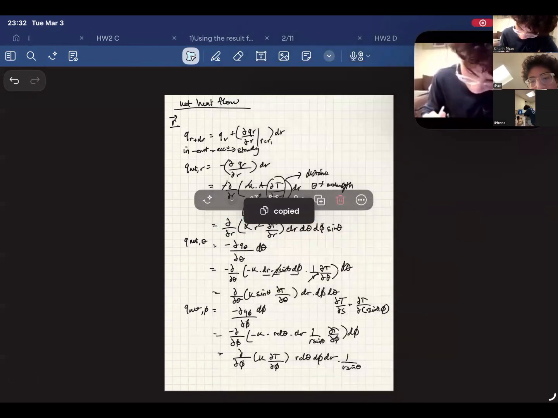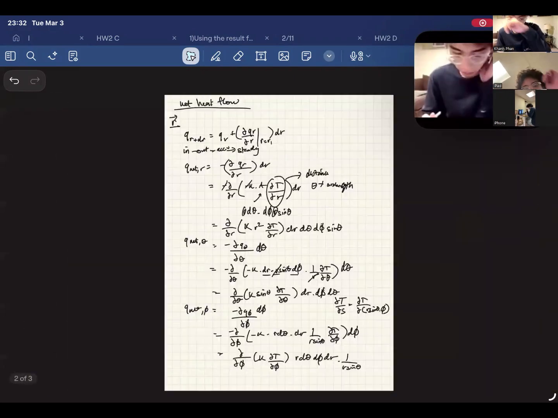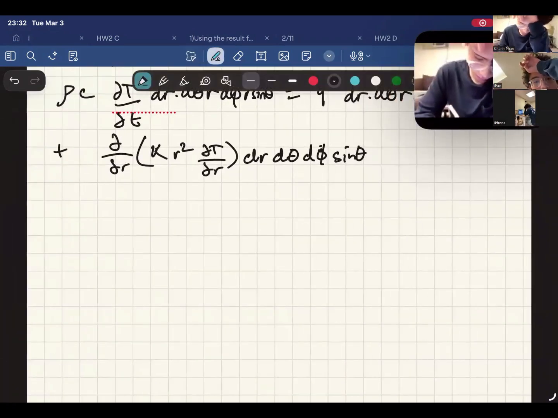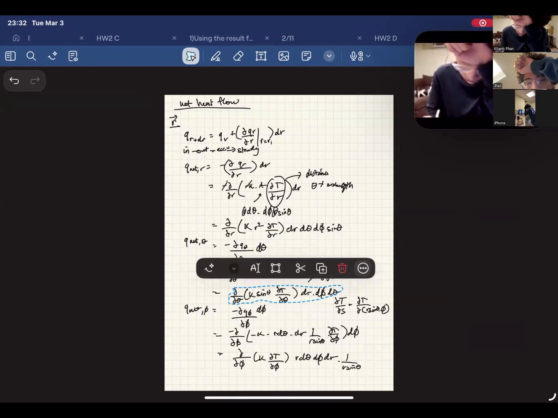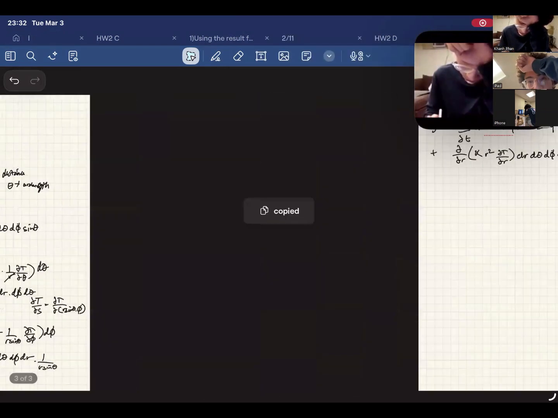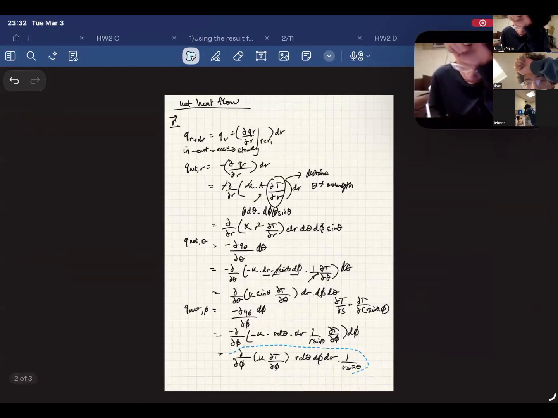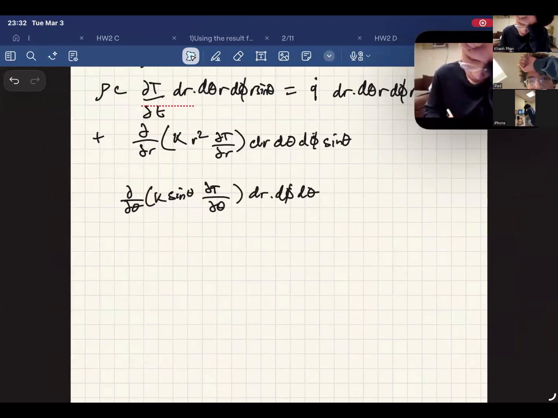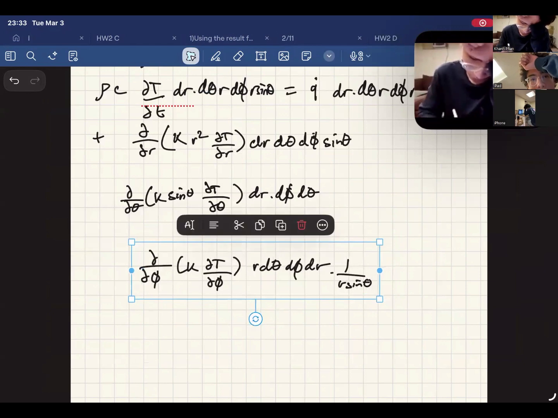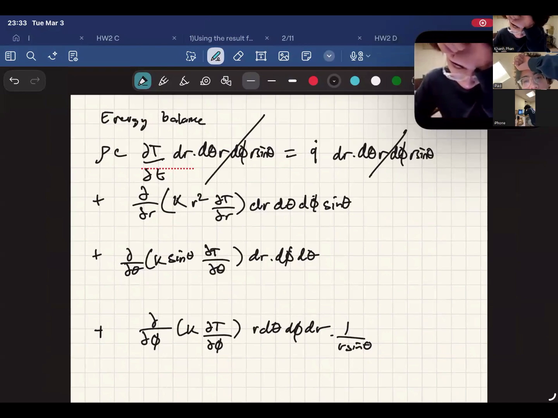I'm just gonna copy it all over here. So we need to divide it all by the constant volume.